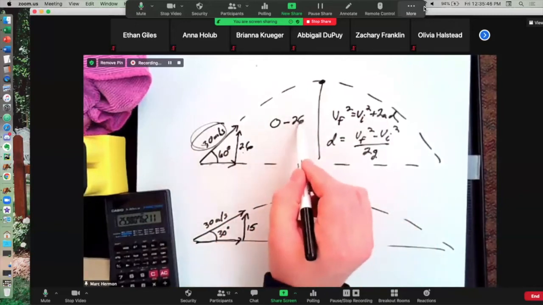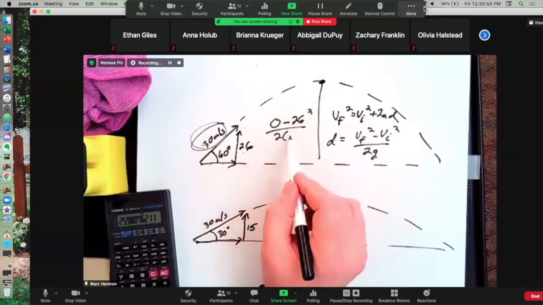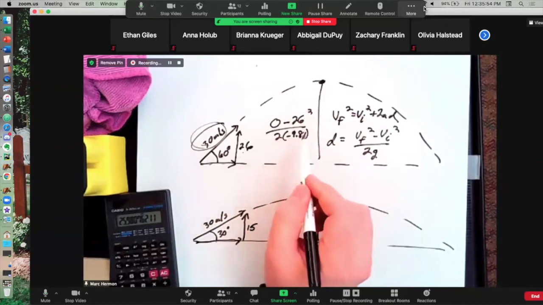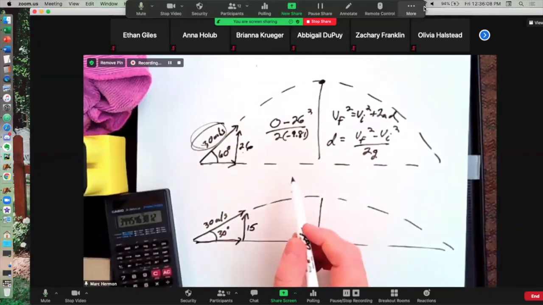So that'd be 26 squared over 2 times negative 9.81. I'll put the negative in there because we want to have a positive distance. So 26 squared divided by 2 and divided by 9.81 equals my distance.